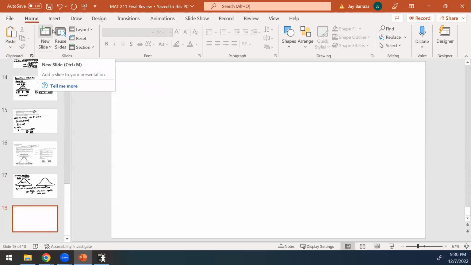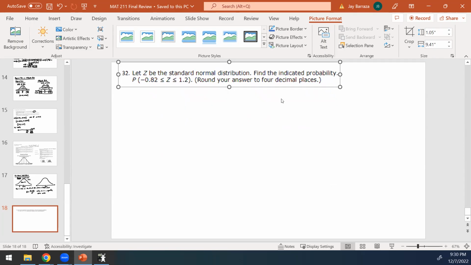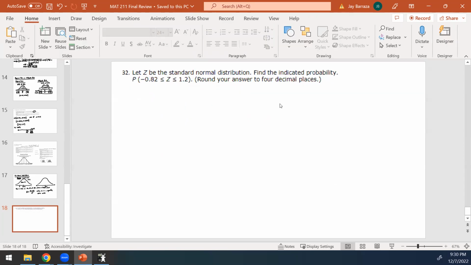Okay, so let's do an example. Let Z be the standard normal distribution. Find the indicated probability. You're just going to use normal CDF of your first value, comma, your second value, comma, your mean, comma, your standard deviation.